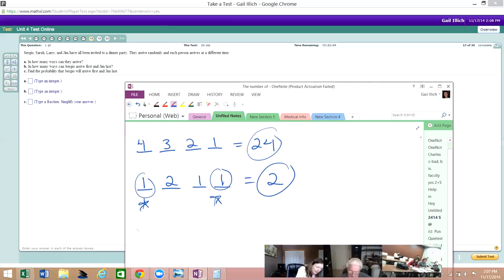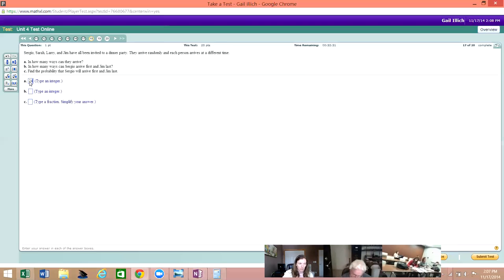So the probability is going to be 2 out of 24, which reduces to 1/12. Everybody okay with that? Yep. All right. So I'll put in 24 for A, and then B is 2, and then C is 1 divided by 12. Everybody okay? Yep.